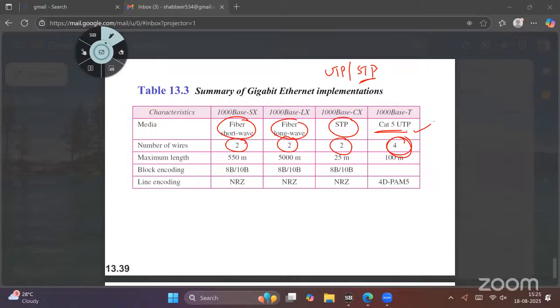See here, the distances are 550 meters, 500 meters, 25 meters. This is the distance they will be transmitted. The more distance will be transmitted, the less speed. This is transmitted 5000 meters.